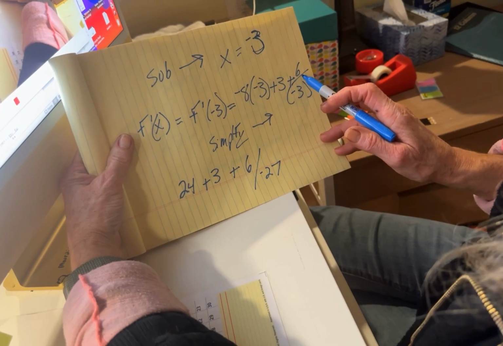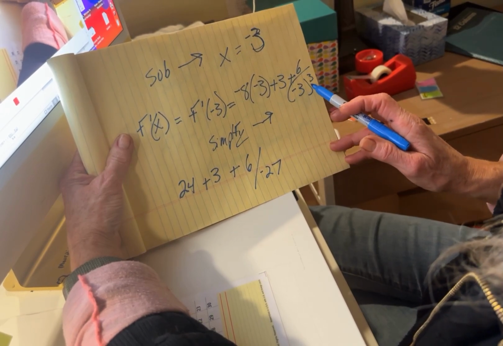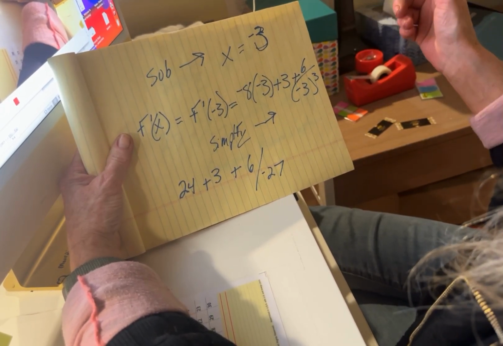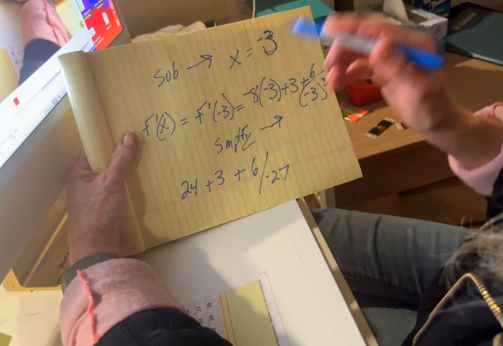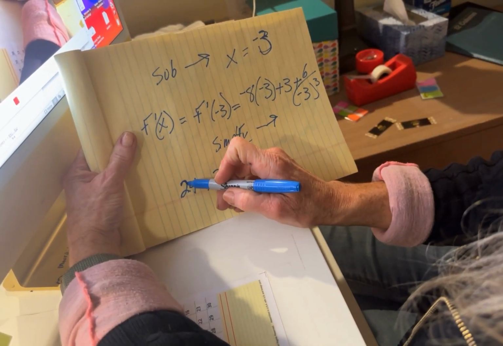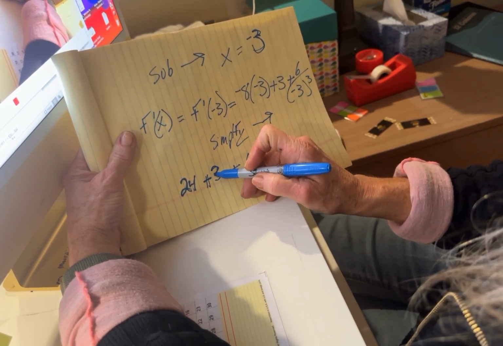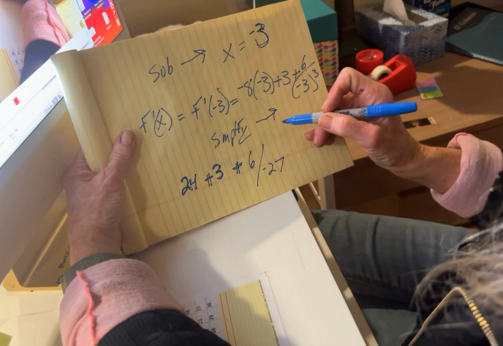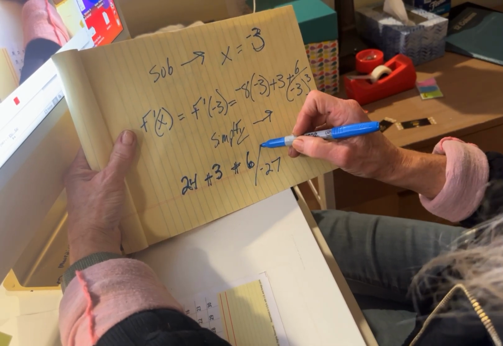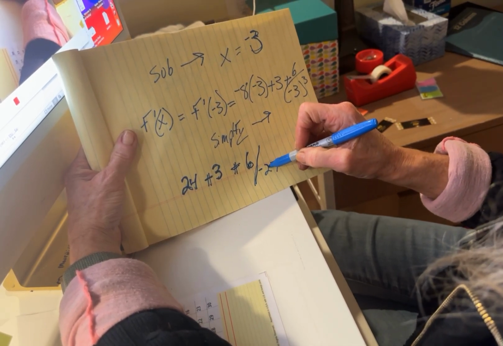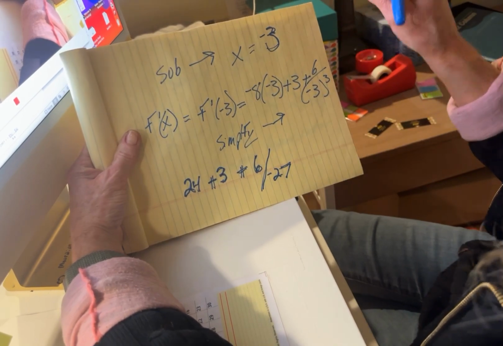Plus 3 plus 6 over negative 3 to the third power. This can be further simplified to become 24 plus 3 plus 6 over negative 27.